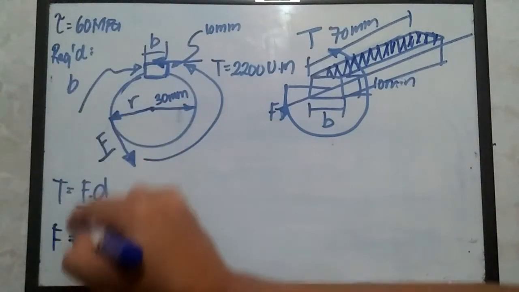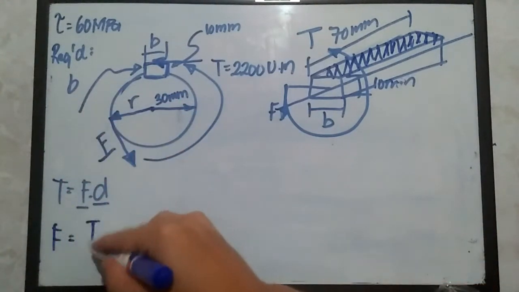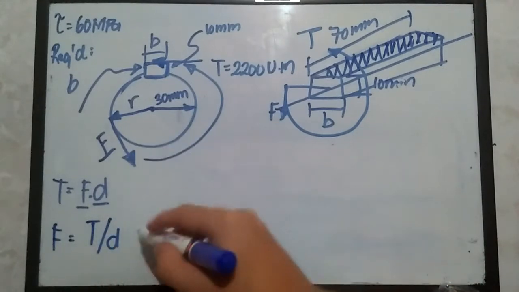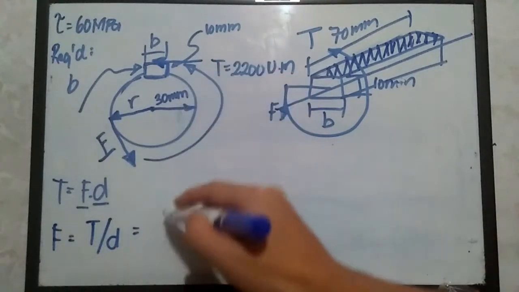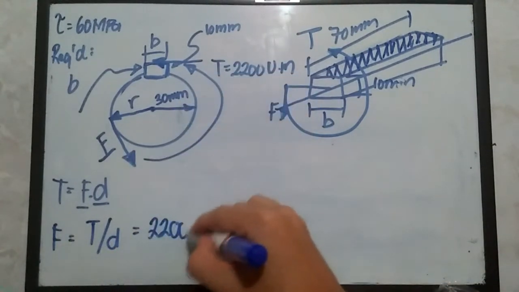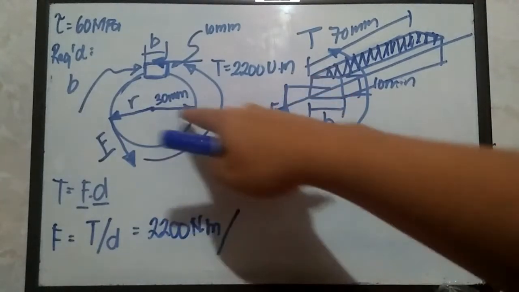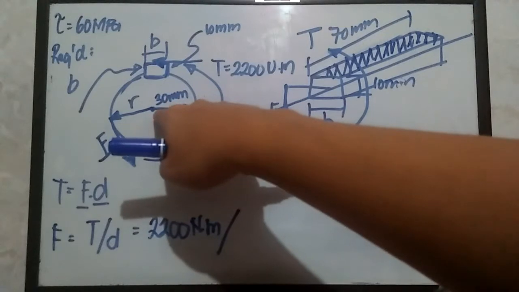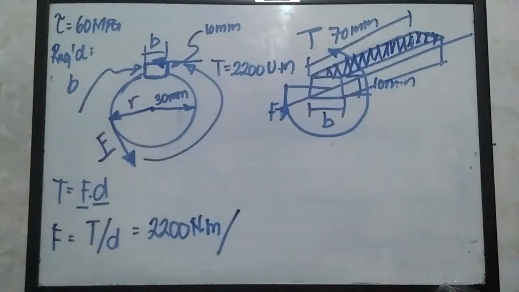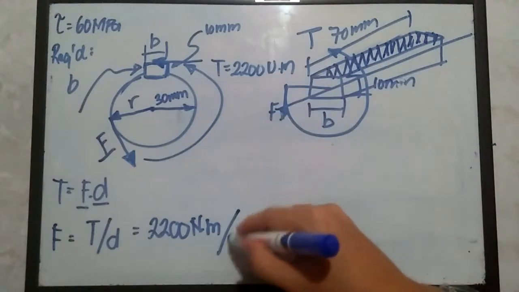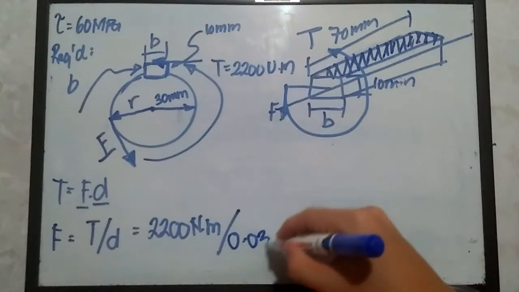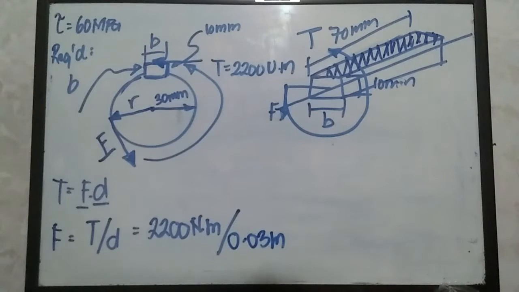So F is basically torque divided by distance. So torque is 2200 Newton meter divided by the distance, which is 30 millimeters. If we are going to convert that into meters, that is simply 0.03 meters.